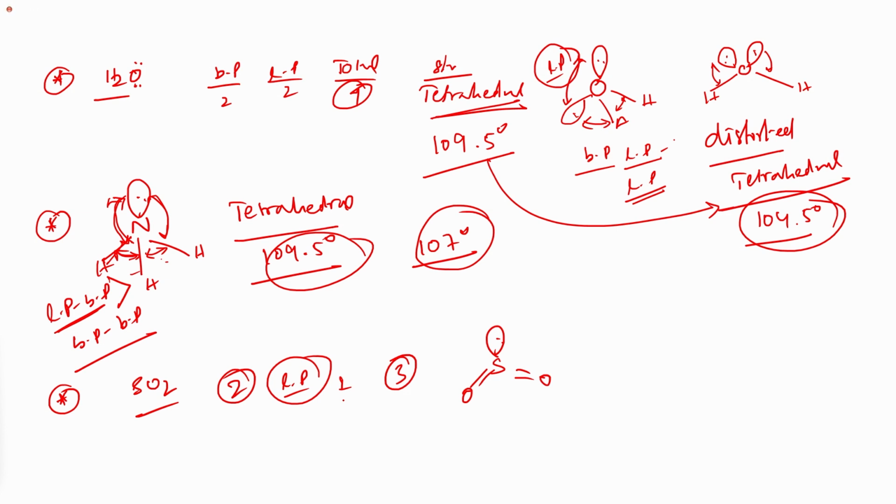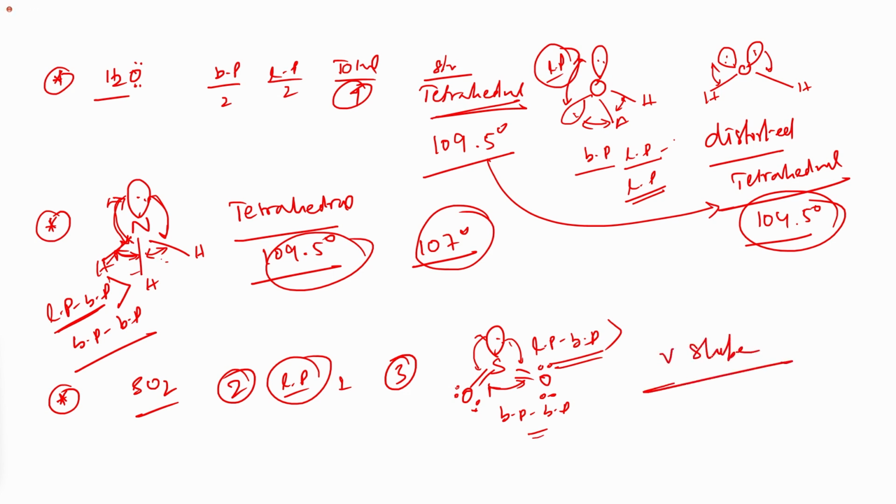and bonded pair repulsion is much more as compared to the bonded-bonded repulsion. If you see, there is a lone pair here, and there is a lone pair bond pair repulsion and a bond pair repulsion, and we know that lone pair-bond pair repulsion is greater than bond pair repulsion. That's why this structure is V-shaped.